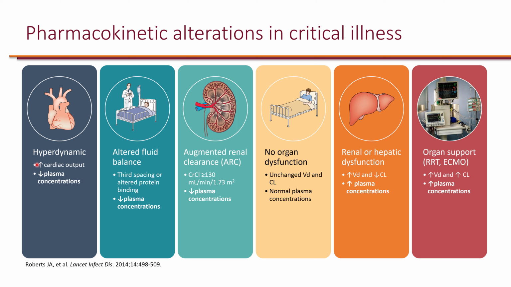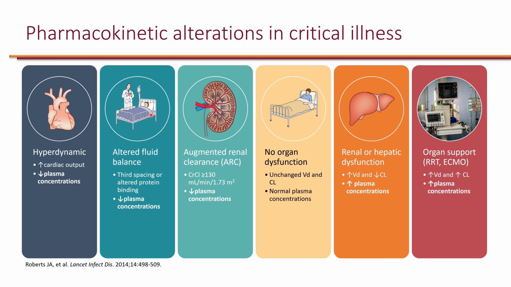If the cardiac output is increased because we want to bring the blood pressure back to normal, so the patient doesn't go into shock, or the patient is already in shock and we're trying to bring them out of shock, that can increase perfusion to other organs such as the kidneys, and can lead to increased elimination of the drug, so your plasma concentrations may be lower. This is something to consider, which means that in the ICU you may need higher doses of the drugs.